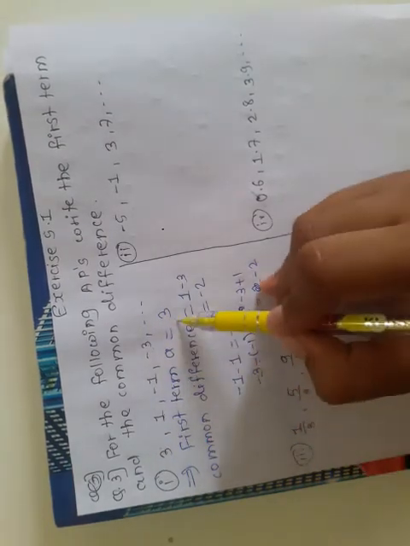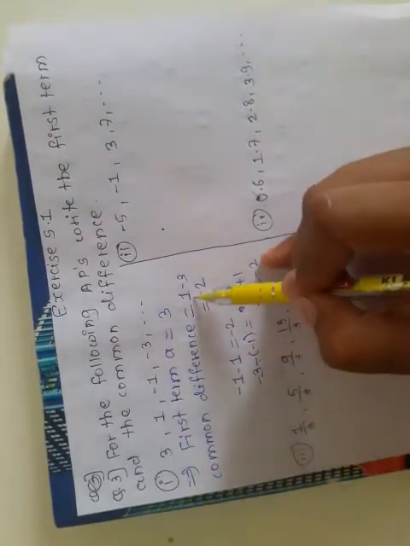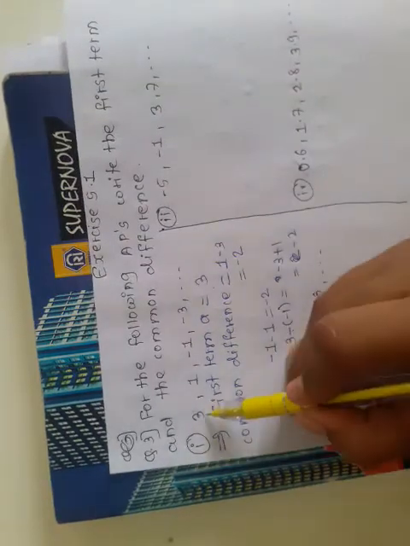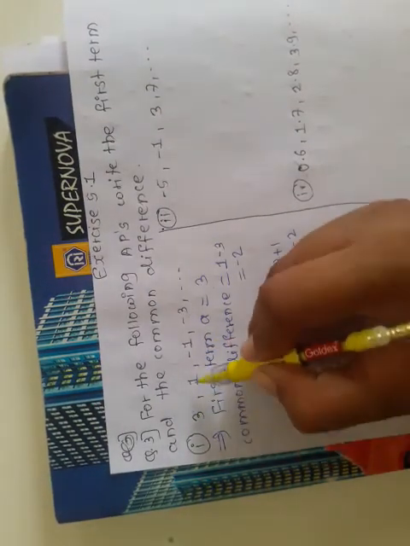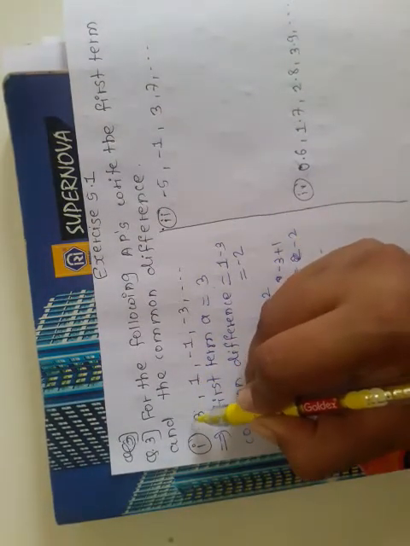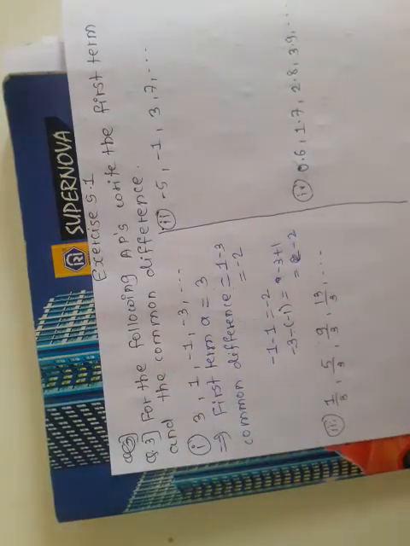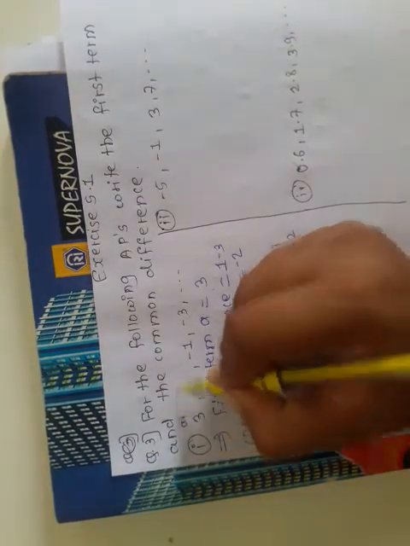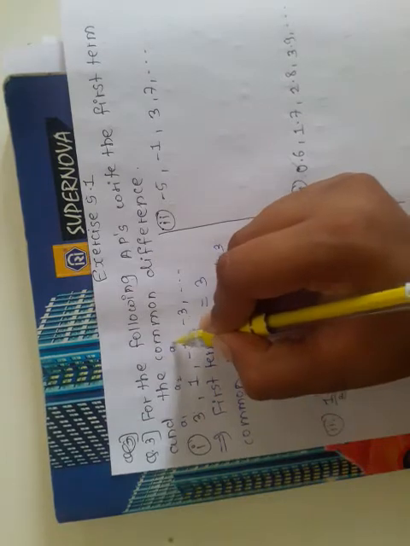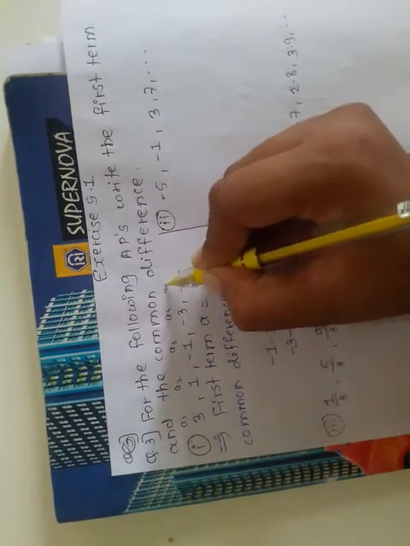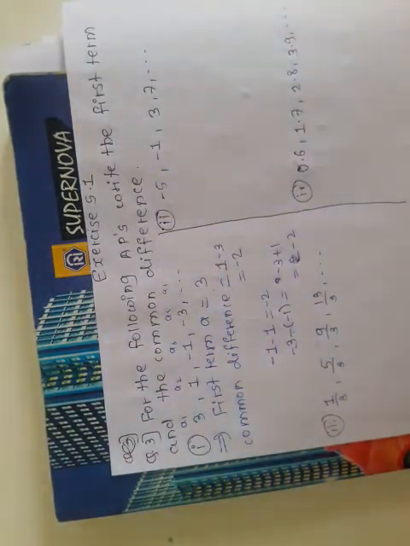So the first term a is equal to 3 and the common difference is equal to 1 minus 3. If our sequence is like this, then our first term we can denote as a, but generally we can write it as a1, a2, a3, a4, a5 up to an, where n is any term, 11, 14, whatever the term is.